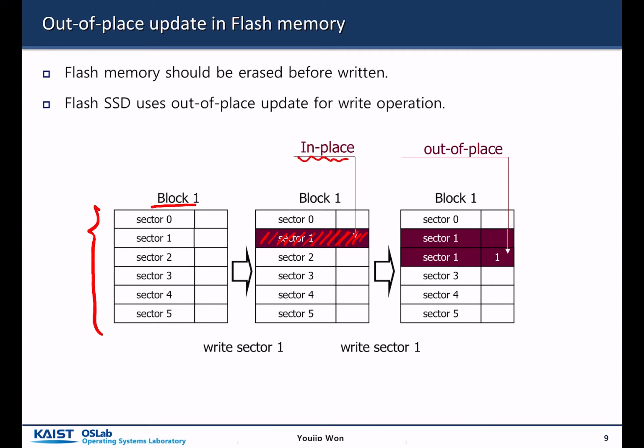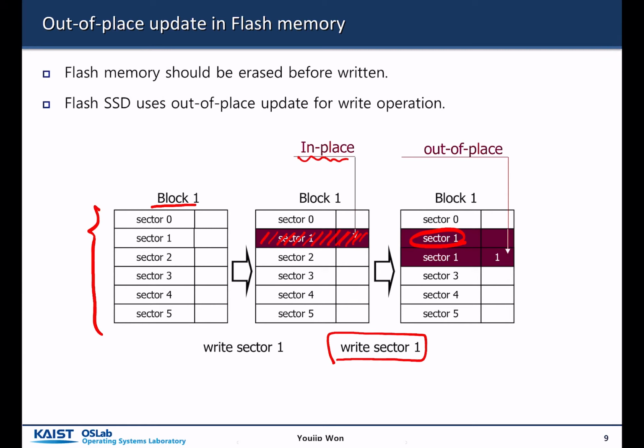However, the application wants to write to sector 1 again. Sector 1 is already written, so we cannot overwrite. What you have to do is erase sector 1 before write, but it takes too much time.